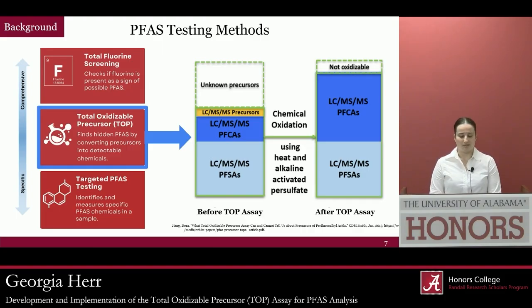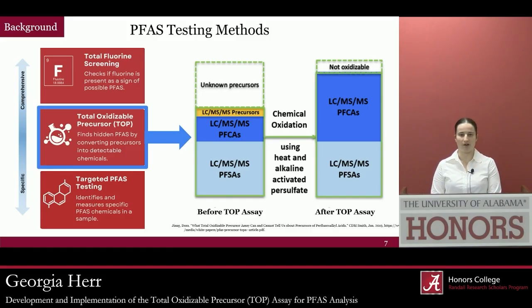This image provides more detail on how this process works. So to measure PFAS in targeted testing, an analysis machine known as LC-MS is used. The LC-MS can pick up on terminal PFAS compounds such as PFCAs and PFSAs, as well as a few of these chemical precursor compounds. However, as you can see in this image, there are still a lot of unknown compounds, shown here by the unknown precursors, that the LC-MS is not able to analyze in the sample.